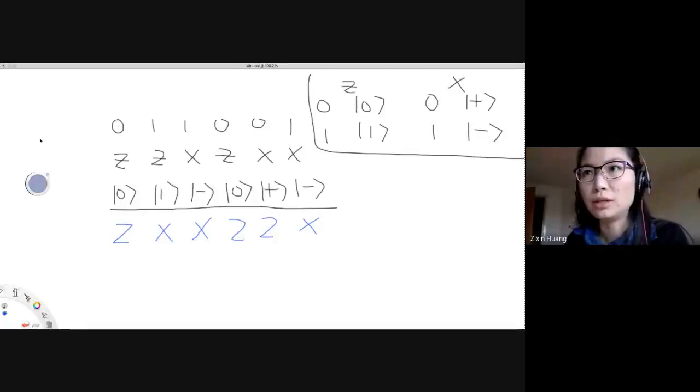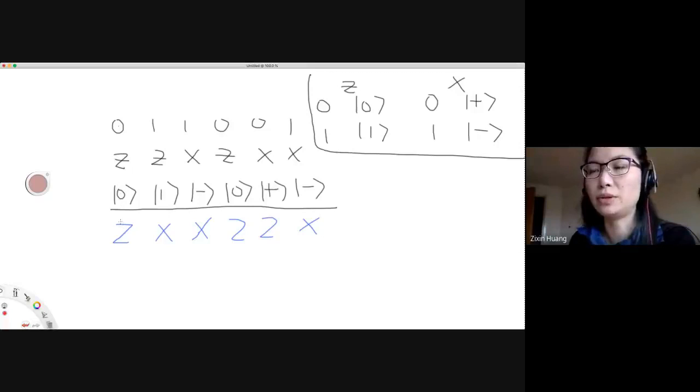So Alice says, for the first qubit, I've done it in the Z, and Bob goes, okay, I've measured in Z, so they keep this one. For the second one, Alice says, I've done it in Z, and Bob says, okay, I've done it in X, so we discard this one.